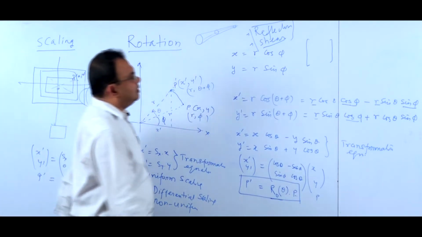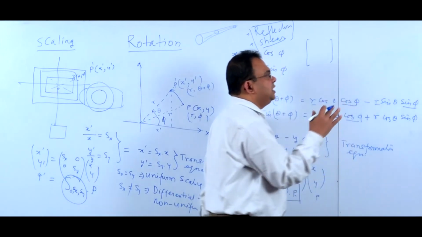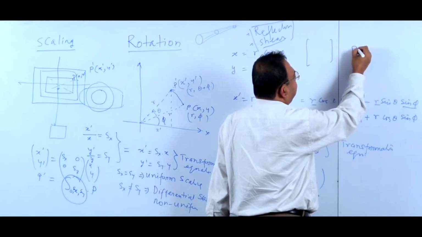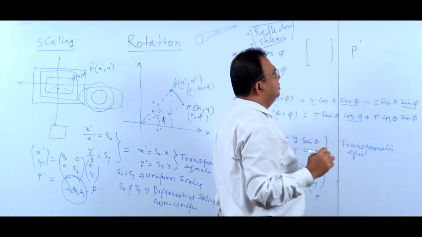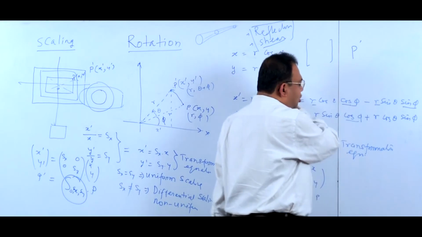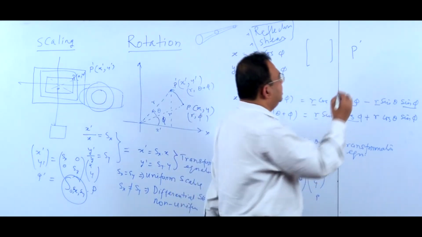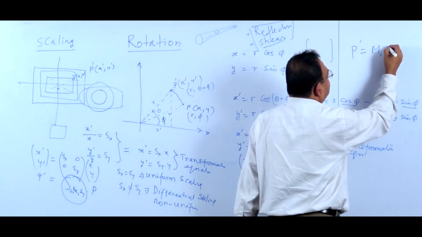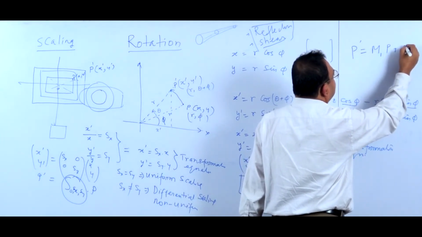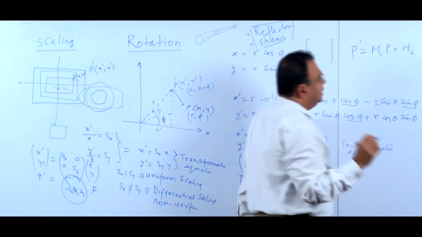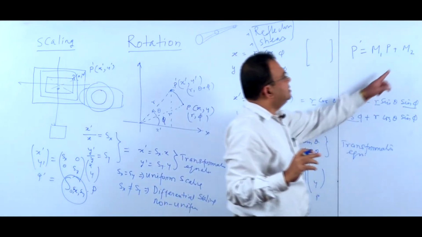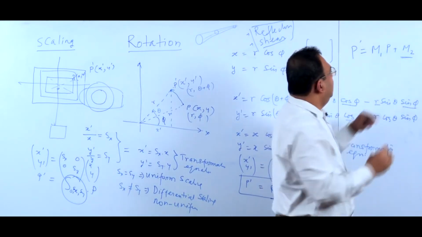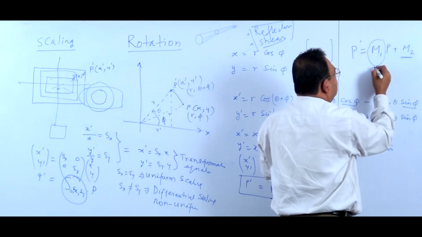In general we can write these transformation equations as: if P dash is the final point and you apply all these operations in combination, then P dash is equal to some matrix M1 operated on P plus some matrix M2. It is very clear that this addition term is due to translation, and this M1 is due to rotation or scaling.